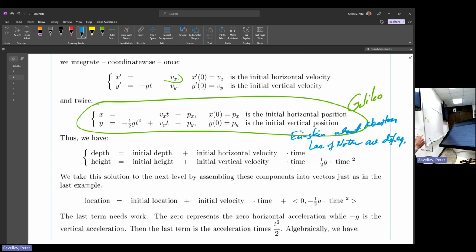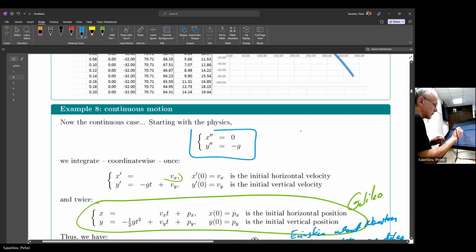That's what the motion of a free projectile would be governed by, the equation they actually studied in high school. But what Newton did, he expressed things in terms of differential equations, as that's how the laws of nature are supposed to be written. So this would be Galileo, and this is Newton.